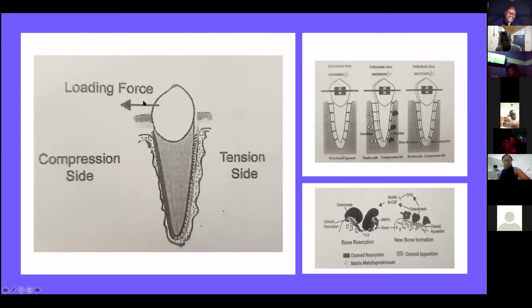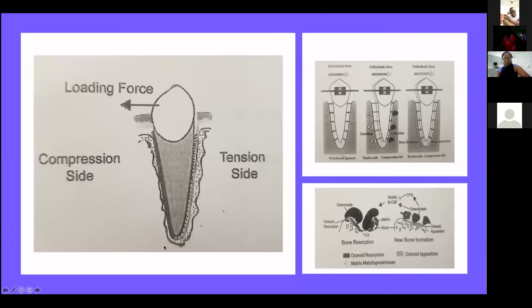So if I'm pushing the tooth to this left side, as this arrow indicates, then there's something known as osteoclast, which would eat away at this bone. And there's something known as osteoblast, which would remodel the bone on this side as well to form new bone. But this is something that I'm going to fast forward on because as technicians, it's good to understand it, but we don't need to go too much into detail of it.